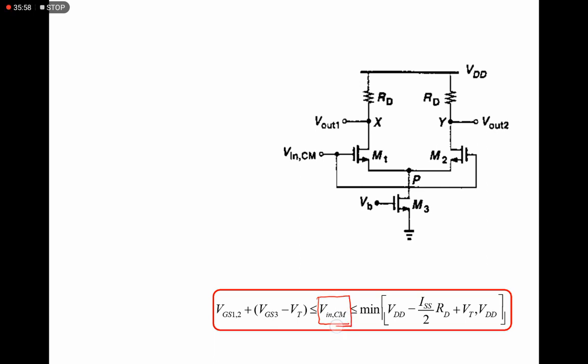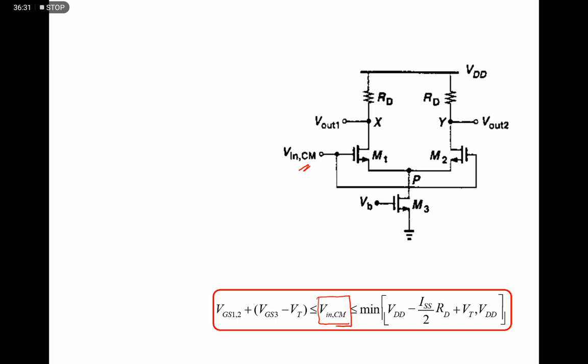The common mode signal at this input must be greater than VGS1 plus VGS3 minus VT, and this value must be less than the minimum of VDD or VDD minus ISS by 2 RD plus VT. So this minimum you can neglect. Actually the value must be less than VDD minus ISS by 2 RD plus VT. So how does this value come?